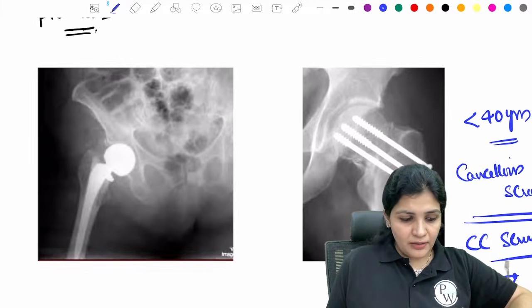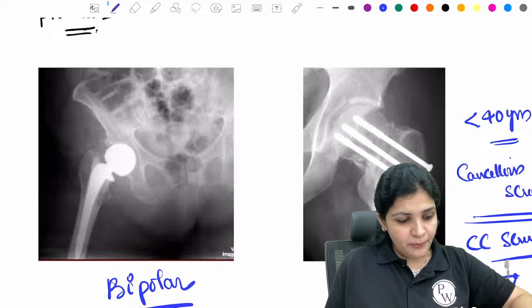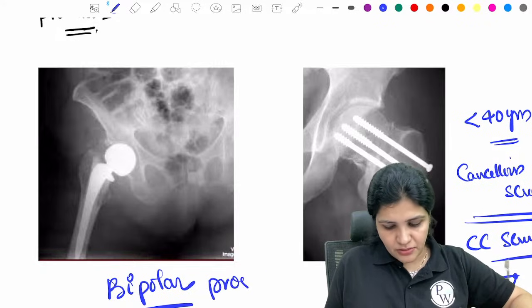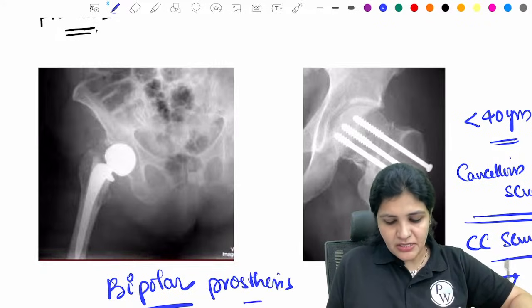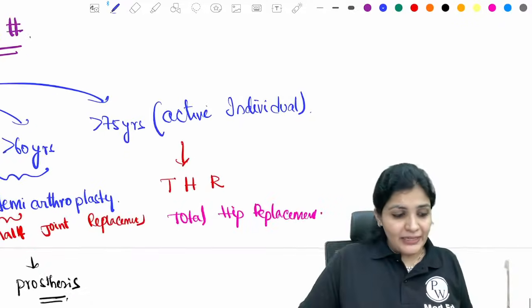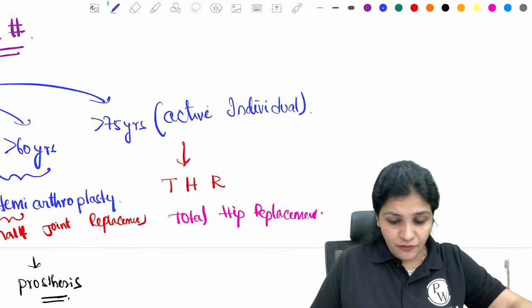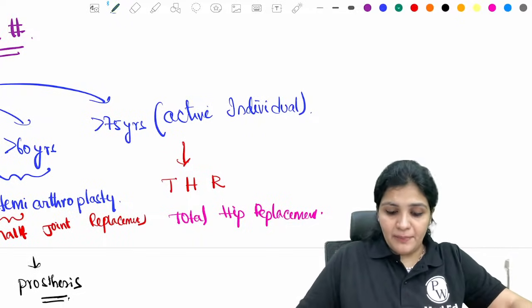Then what is this? This is a bipolar prosthesis which we are using, that is the hemiarthroplasty. Hemiarthroplasty is a half hip replacement typically for the femoral neck. So why are we replacing the acetabulum here?